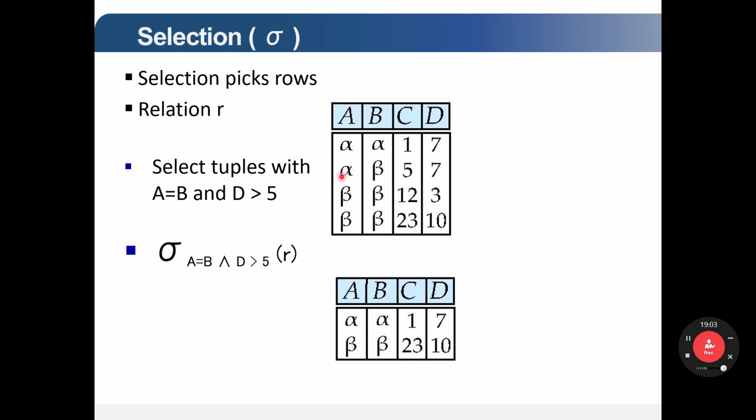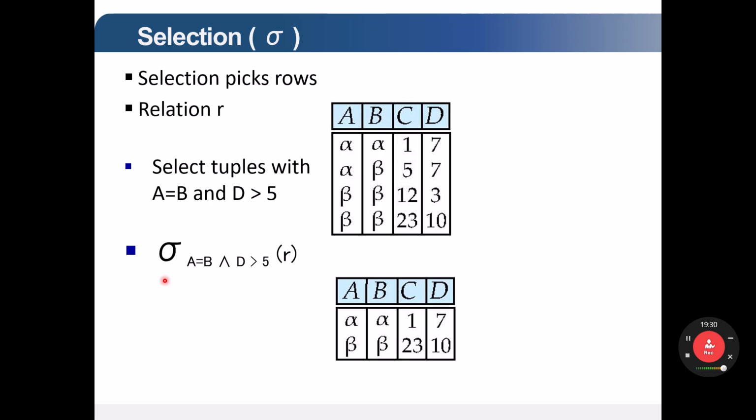But the second row doesn't satisfy this first equal condition. So this is not going to be included in the output table, and so on. So the first and last one satisfies this given predicate condition, and therefore the output table contains only 2 tuples. Okay, this is called the selection operator.